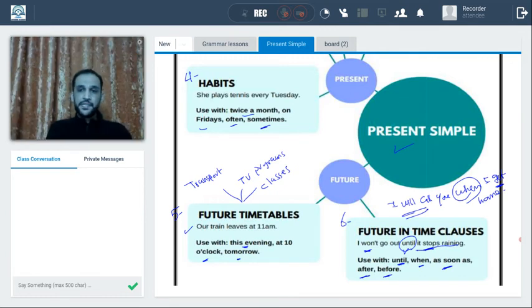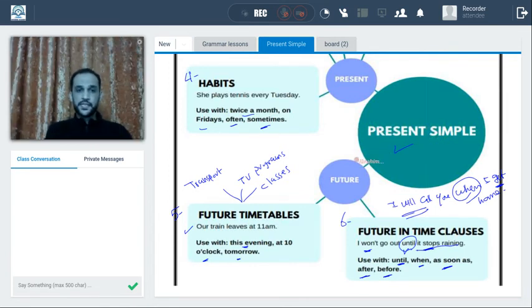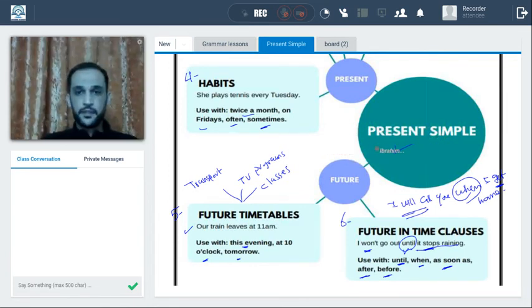Okay, let's recap what we said about the present simple usages. Again, I can use the present simple to express something that is always true, as you can see in this sentence, 2 and 2 make 4. And number two, I can use the present simple to express permanent situations, as in I live in London.